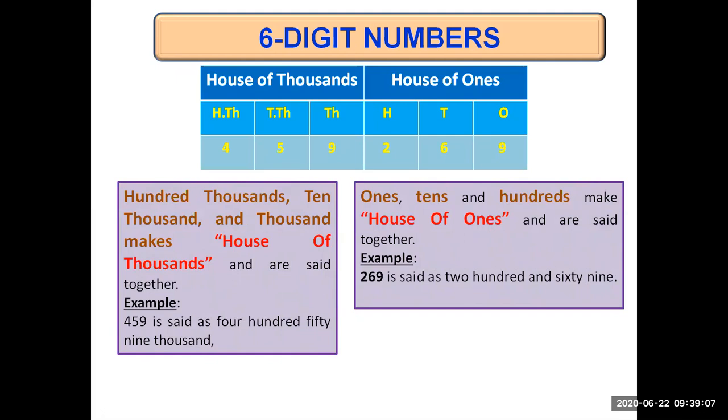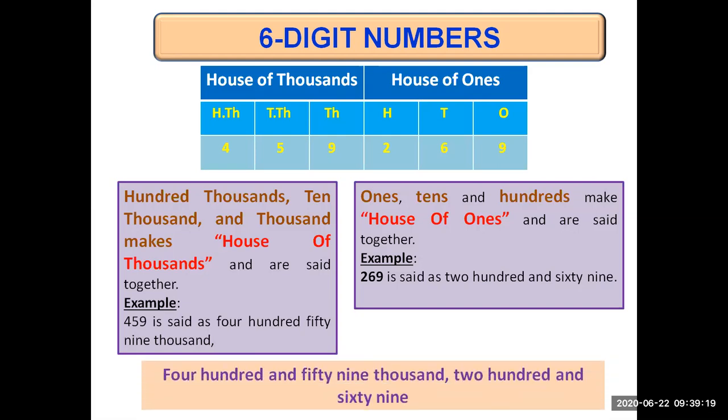They're always said together. We have 4, 5, and 9 in the house of thousands, so we say it is 459 thousand. So the full number name will be 459,269.